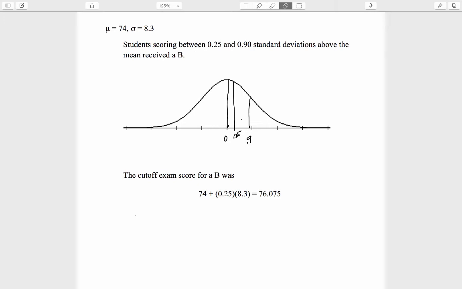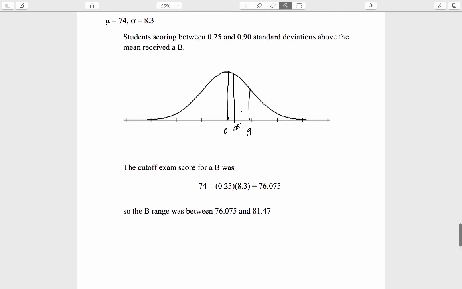We're allowing cutoff scores here that are not whole numbers because we have no idea how Professor What's-His-Name grades. Maybe he goes down to 7 decimal points of accuracy. So there is a point to having these exam score cutoffs not be whole numbers. It follows that the B range was between 76.075 and 81.47. Recall that 81.47 was the cutoff for an A. So that's the upper end of the B range.